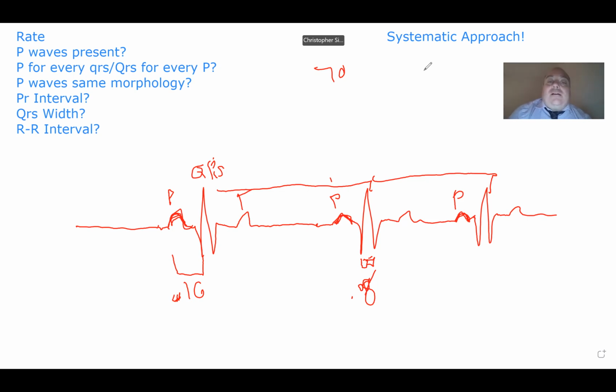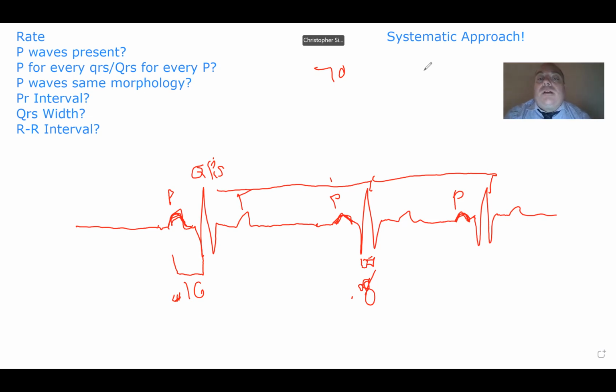So if we take that criteria, what we just found out: rate 70, P's present and upright, P for every QRS, same morphology, normal PR interval, narrow QRS, regular R to R. We take all of that information, go to our criteria list, and ask what that matches. Somebody's going to tell you that matches a normal sinus rhythm, okay?